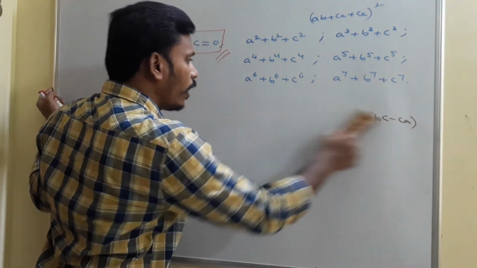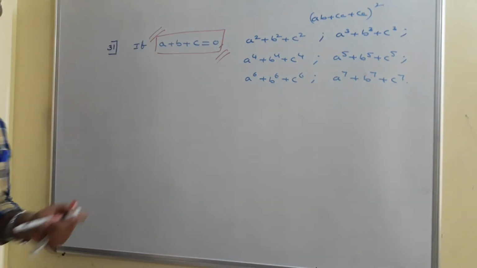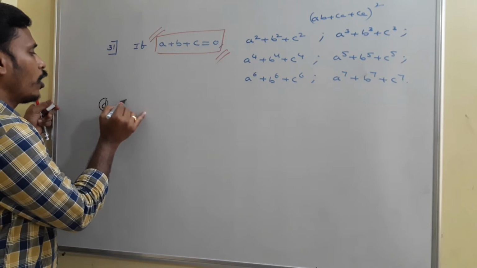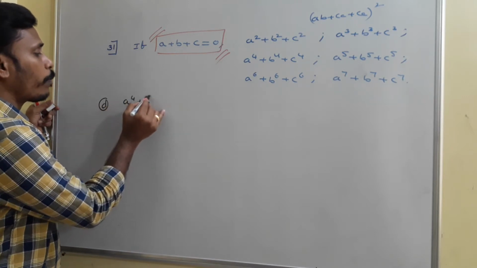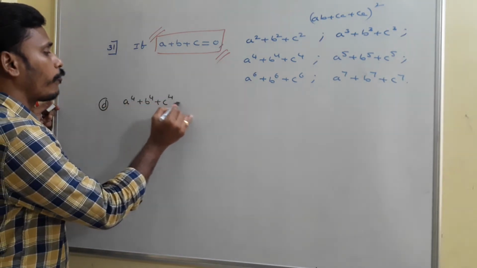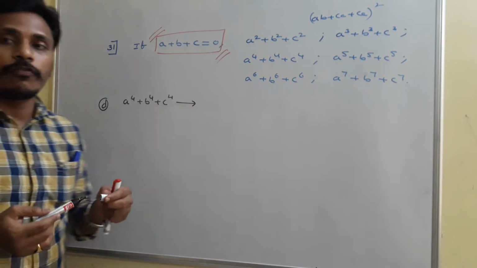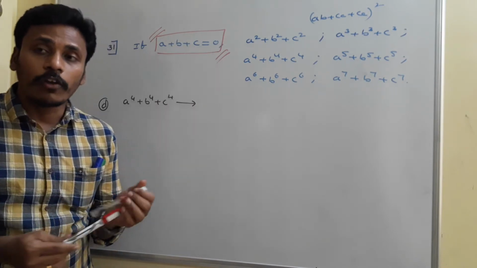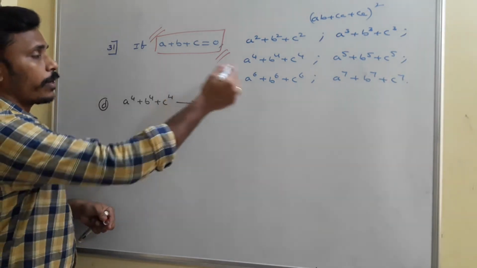A power 4 plus b power 4 plus c power 4, that's the D. To find out the simplified value of a power 4 plus b power 4 plus c power 4 if a plus b plus c is equal to 0, I need to start with a square plus b square plus c square.